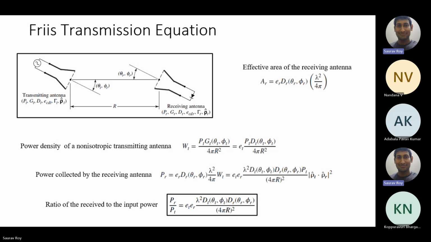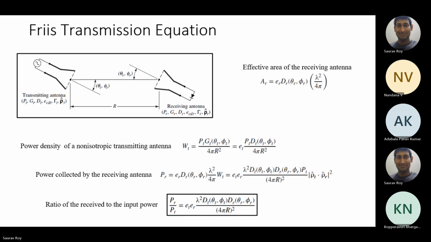PT is the total power transmitted, GT is the gain, DT is the directivity, ECD is the losses in the antenna, the antenna efficiency, and gamma T and rho T: rho T is the antenna polarization vector, and gamma T is the matching factor between the antenna and the transmission line. And all the similar things have been defined for the receiver antenna also.